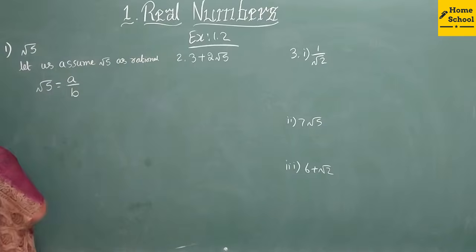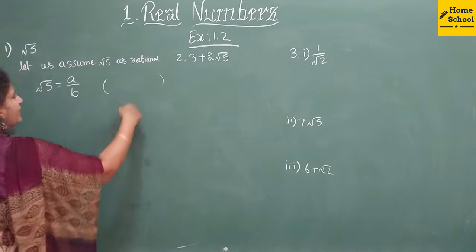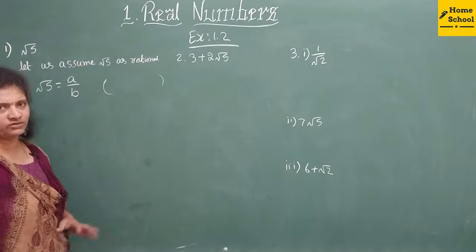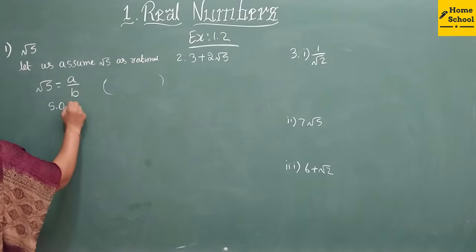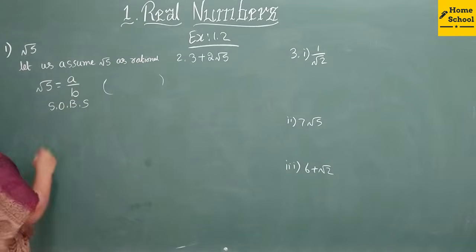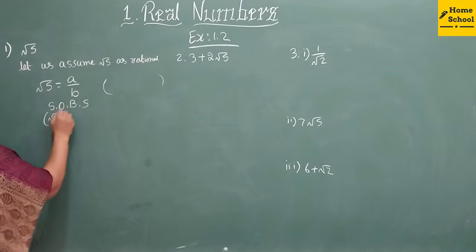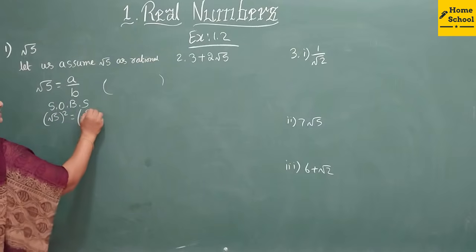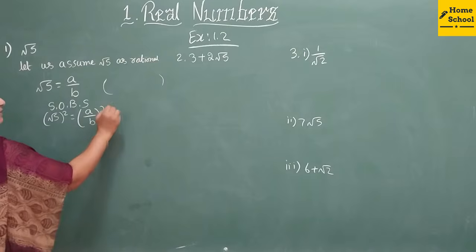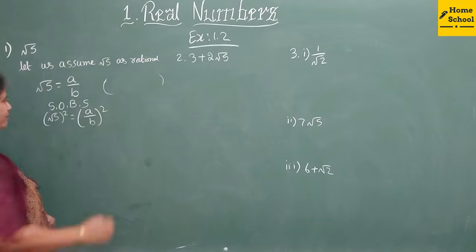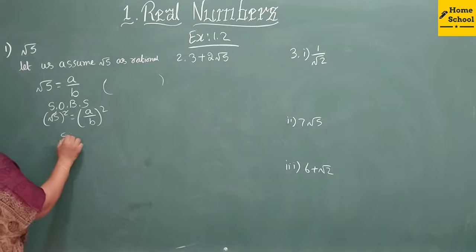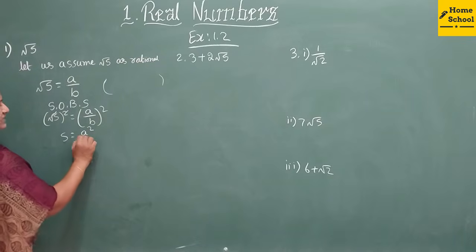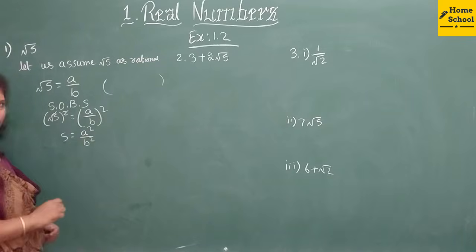Now, what do I have to do here? You need to write where a and b are co-prime and b is not equal to 0. First, squaring on both sides. Root 5 whole square is equal to a by b whole square. Root 5 whole square is 5, the square root cancels, and this will be a square by b square.